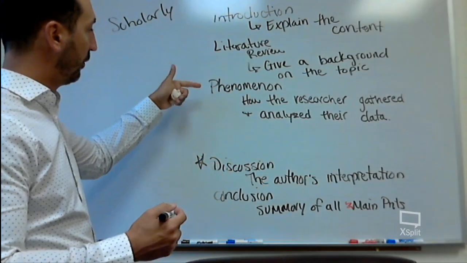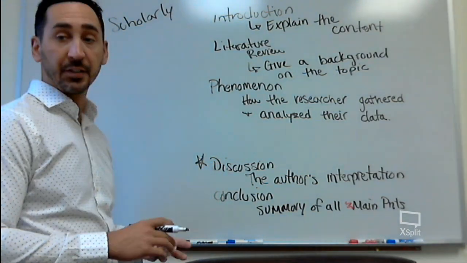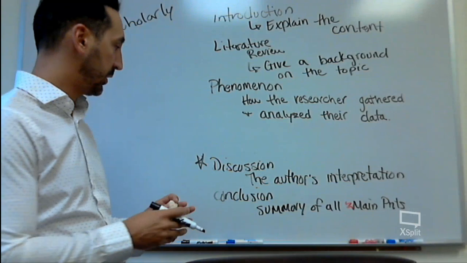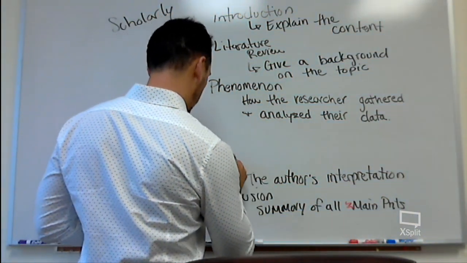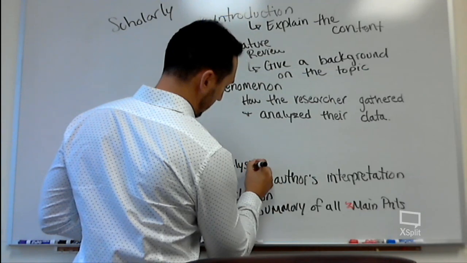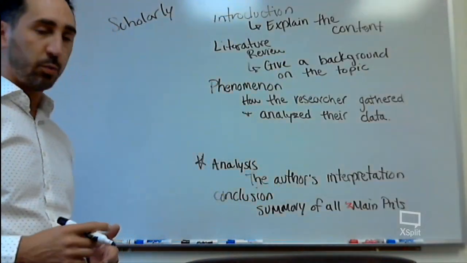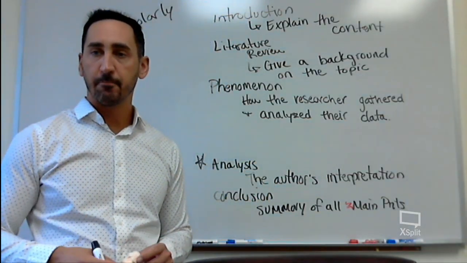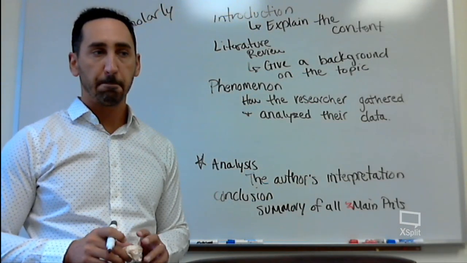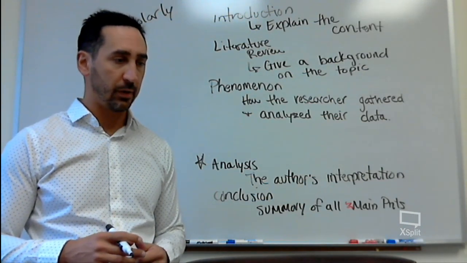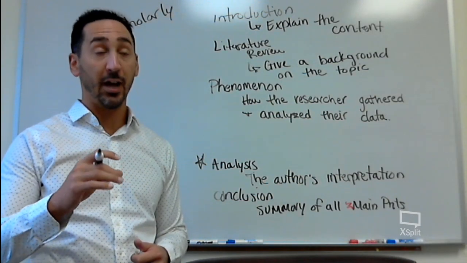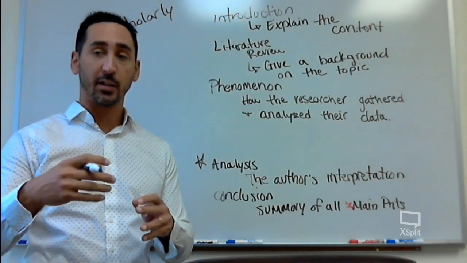Now we have a literature review of the phenomenon, and then the discussion. The discussion is essentially your analysis section. And that's where you give the author your interpretation, right? That's where you explain how the phenomenon is explained in light of this particular theory.